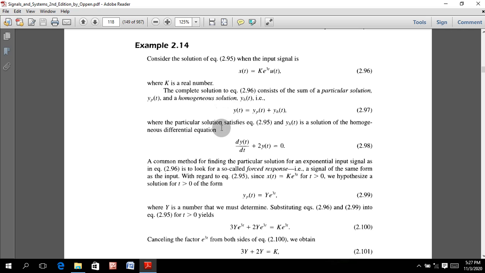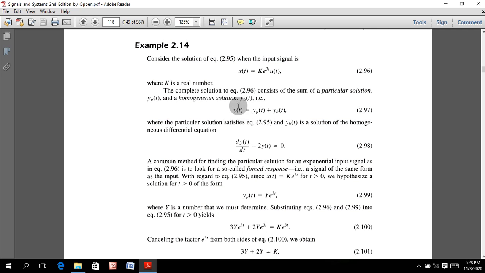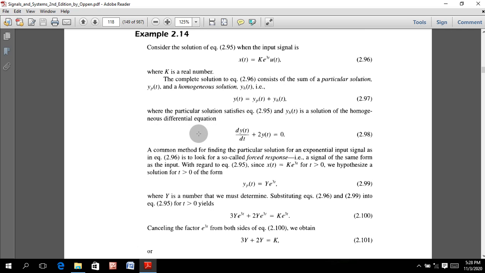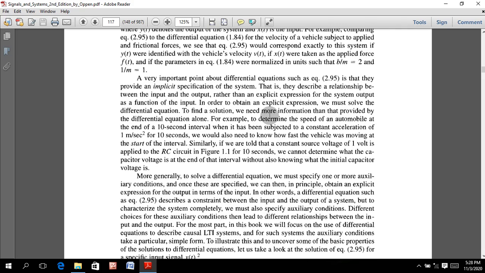The output signal can be written as the addition of the particular solution and the homogeneous solution. The first step: the particular solution satisfies equation 2.95, which is here.